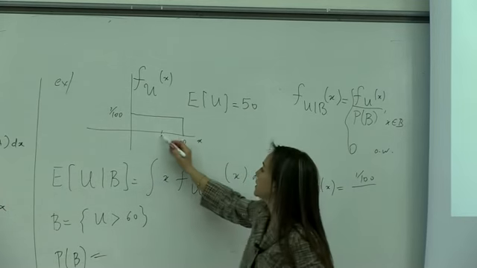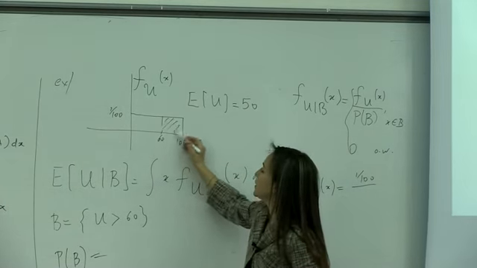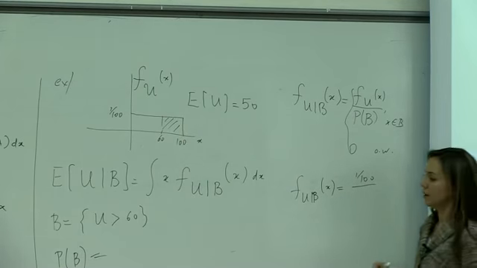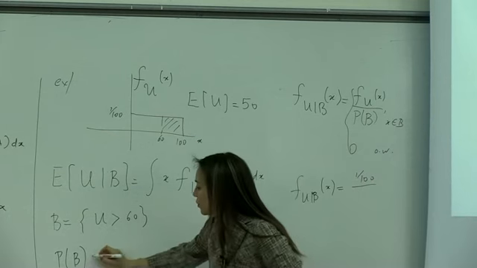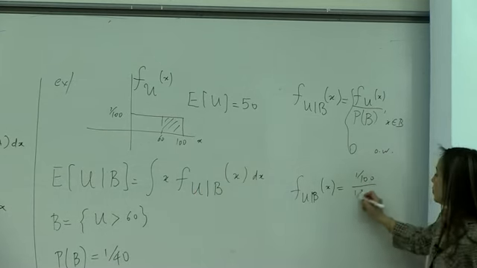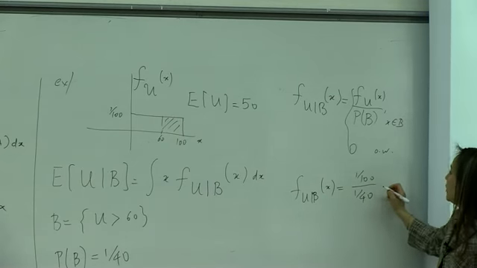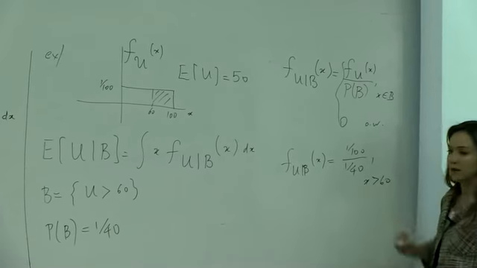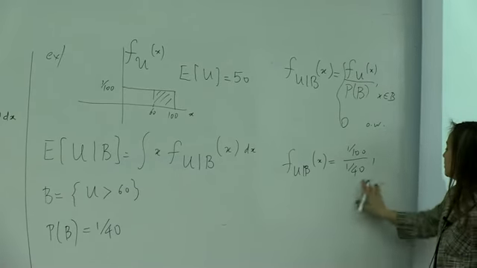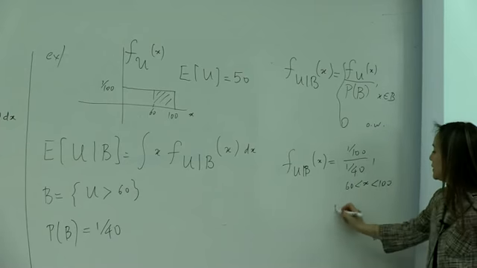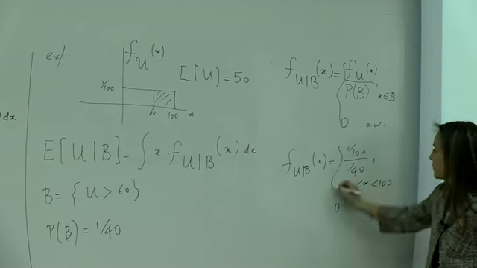The probability that U is in this range is 1 over 40, right? So 1 over 100 normalized by 1 over 40 whenever x is bigger than 60 and less than 100, and 0 otherwise.